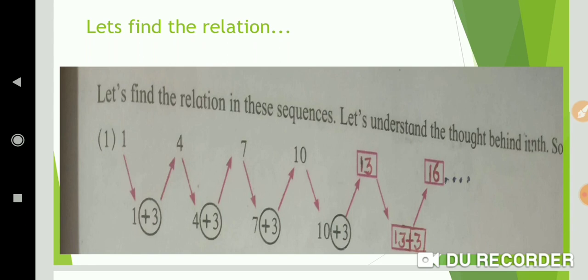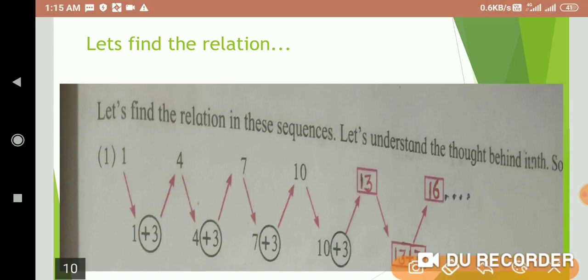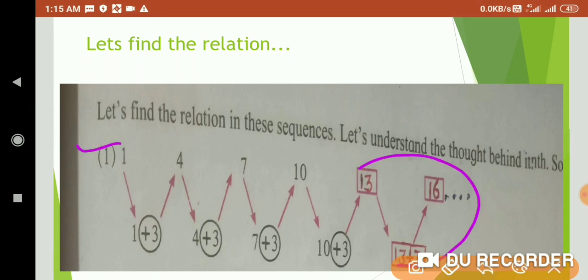For that purpose, see again the series of numbers. The numbers are 1, 4, 7, 10, and we have to fill up the next boxes. If we carefully observe this series of numbers, then you notice that the previous number is increased by a constant number.